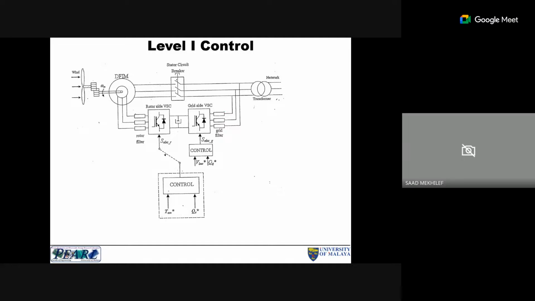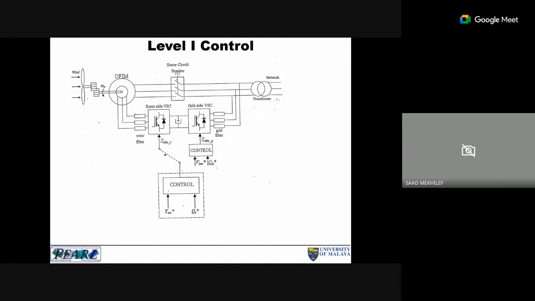If we zoom into the first level, you can see here we have the V bus reference and the Q reference, and then the control of the first one, and you can see here the switch. We can switch between this and that.